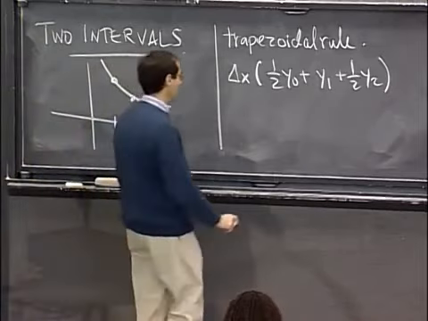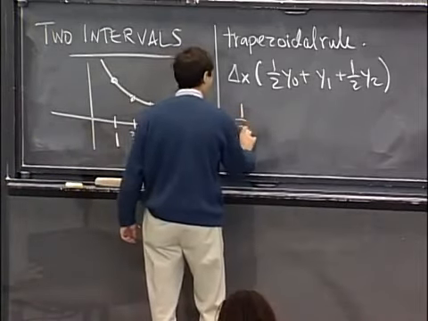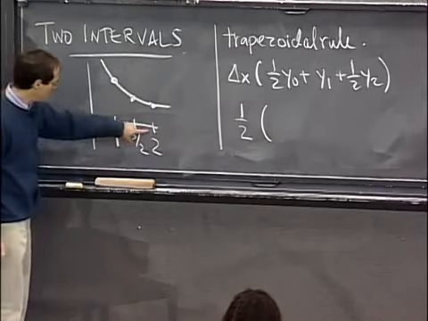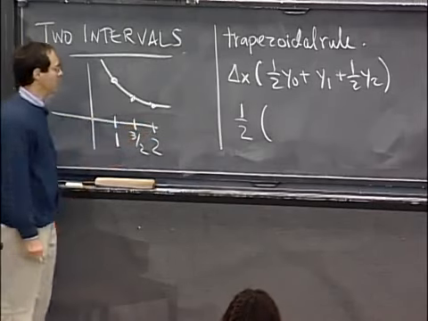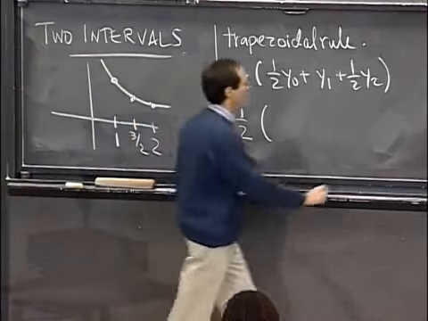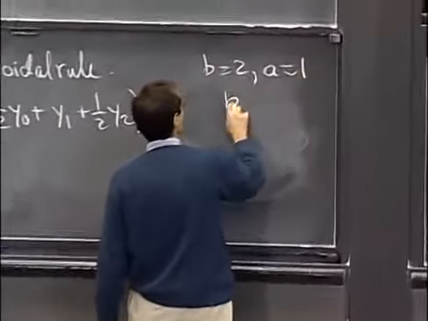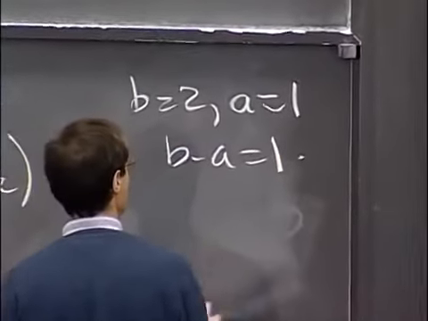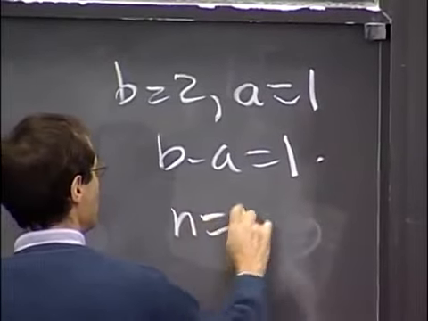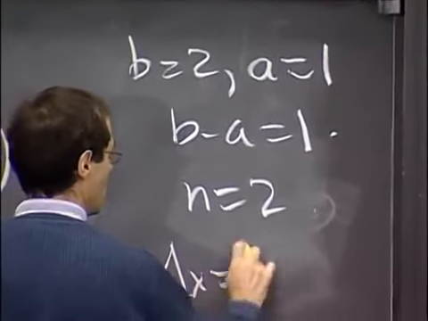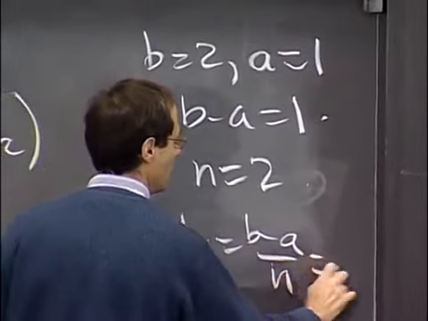And in this case, delta x is a half because this interval is of length 1, right? The b minus a. Let's just point that out here. Here, b is equal to 2, a is equal to 1, b minus a is equal to 1, and the number n is 2. And so delta x, which is b minus a over n, is a half.